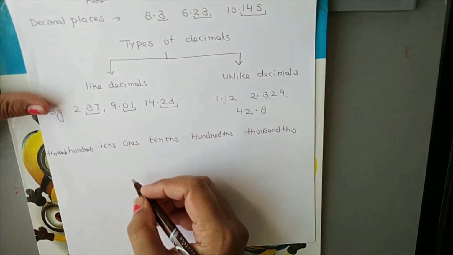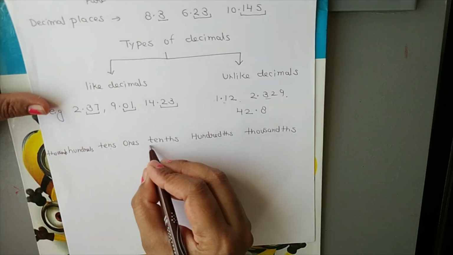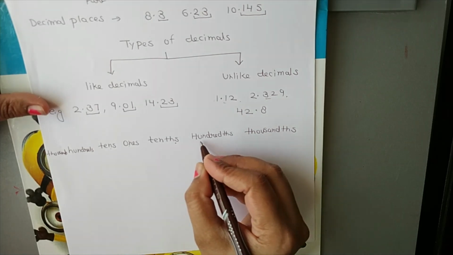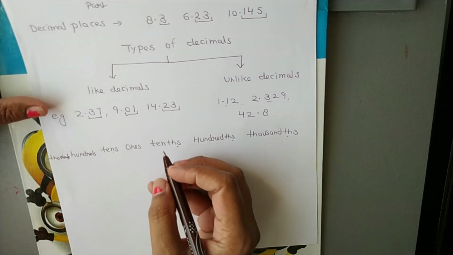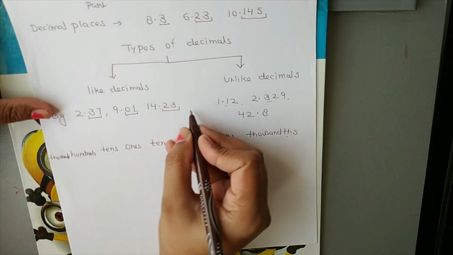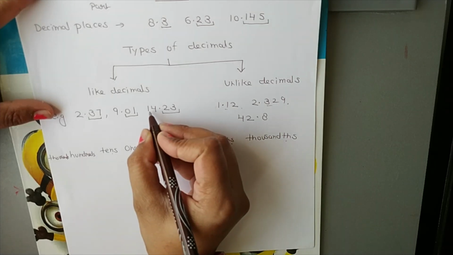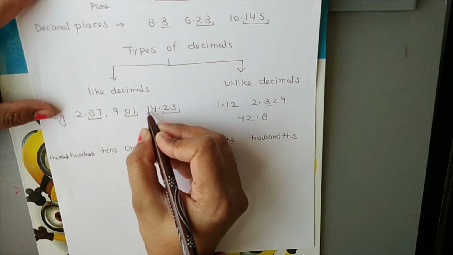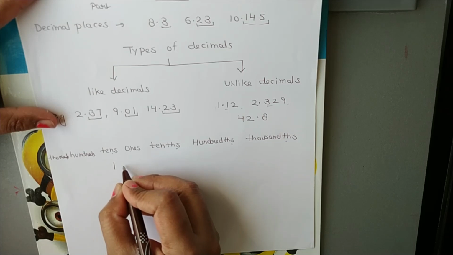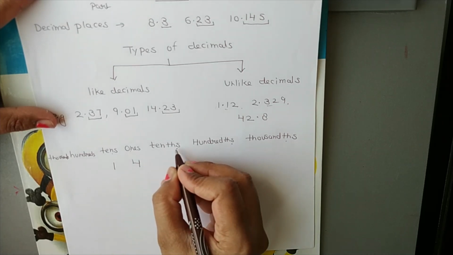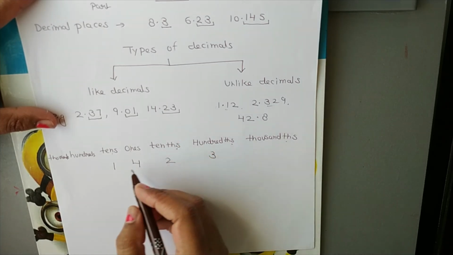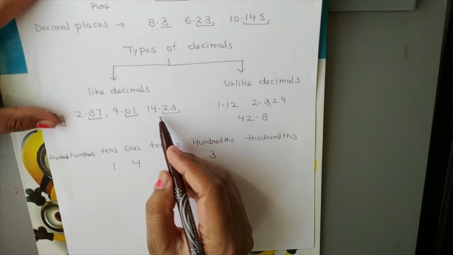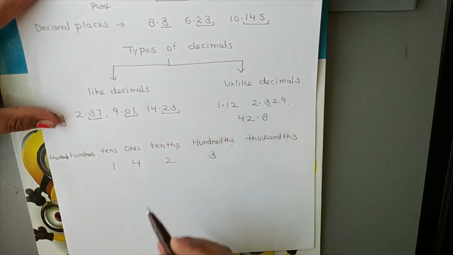After the decimal it will be tenths, then hundredths, then thousandths and so on. Suppose I am writing 14.23. So 1, 4: this is the ones place, this is the tens place. This is the tenths place. So 2, 3. This is the decimal number 14.23.